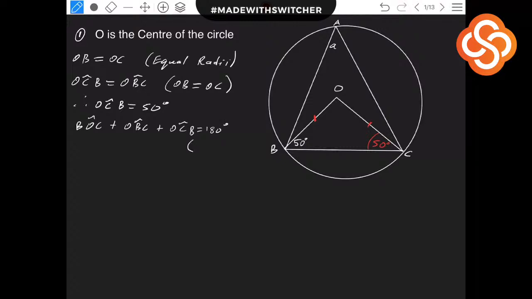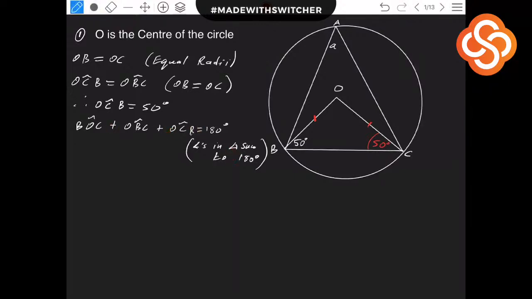And the reason for this, we say angles in a triangle sum to 180. I'm running out of space here, but I hope you get the point that I'm trying to make here. So angles in a triangle sum up to 180 degrees. That is going to be our reason for this one.